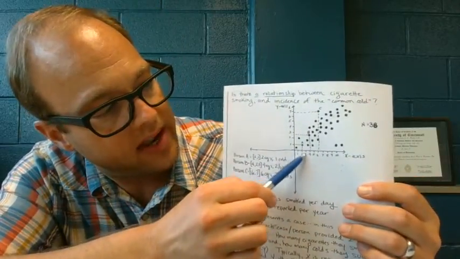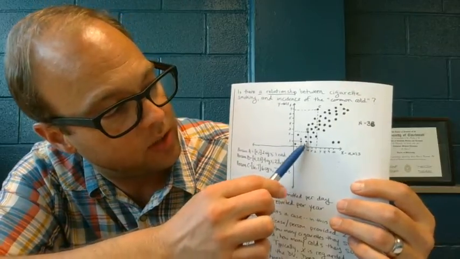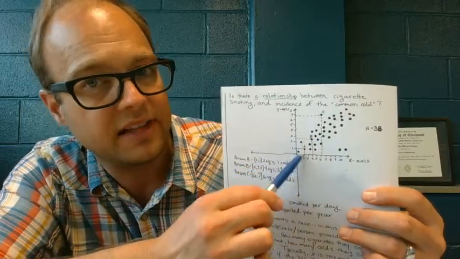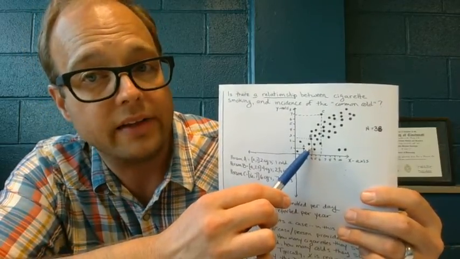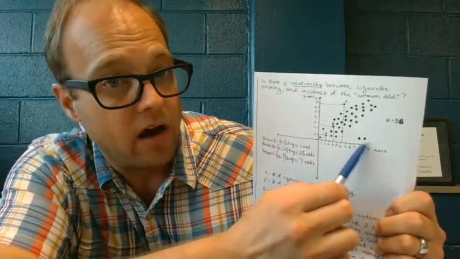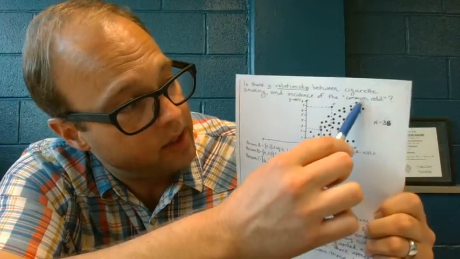If that doesn't make sense, consider it this way. When we are down here on the x scale, low values for x, 0, 1, 2, low values of x appear to be, I could draw a circle around those dots, associated with low values of y. Likewise, when we get high on the x-axis, high values of x appear to be associated with high values of y.